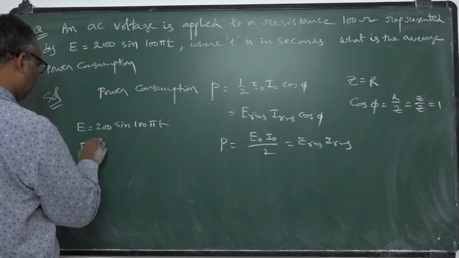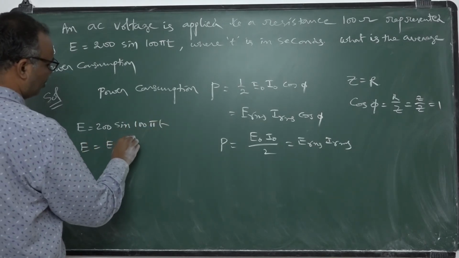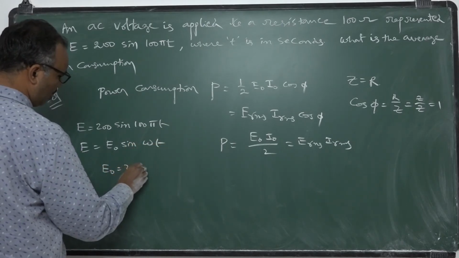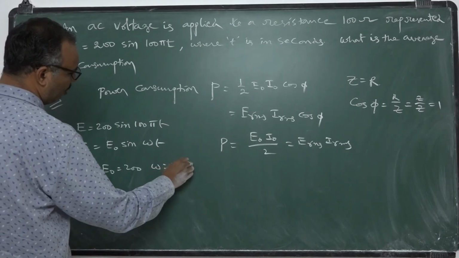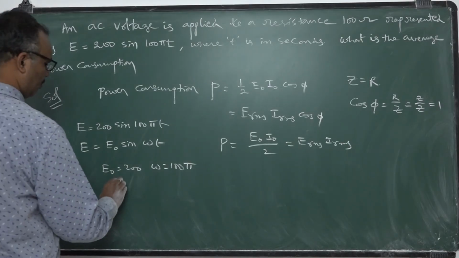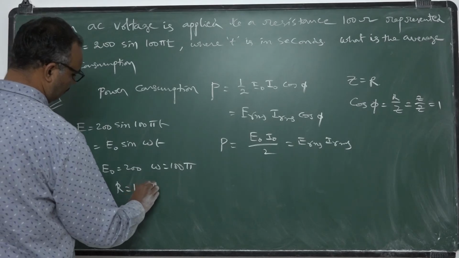It is compared with the standard equation E naught sine omega t. Peak value of voltage is 200, omega is 100 pi. And you are given resistance value as 100 ohms.